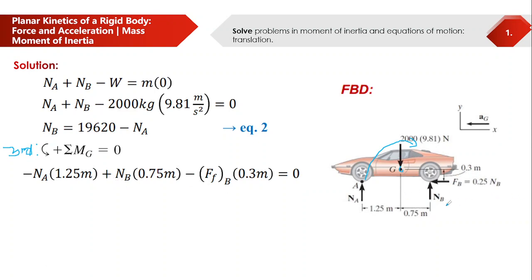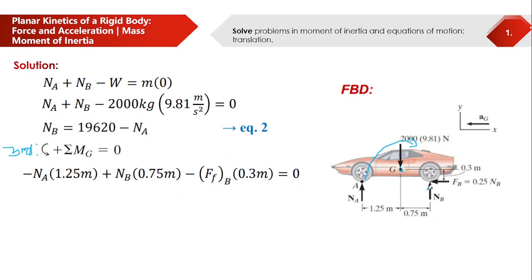At N sub B naman, the moment arm is 0.75 and it is in positive sense kasi nga counterclockwise din siya. We need to have our N sub B to be positive so that we don't need to convert it into positive sense if negative yung ano natin.